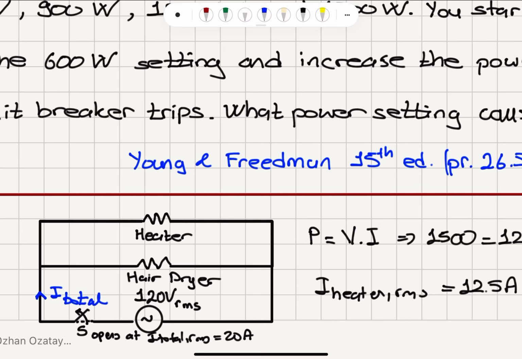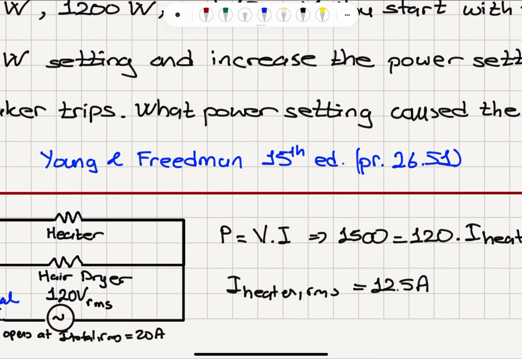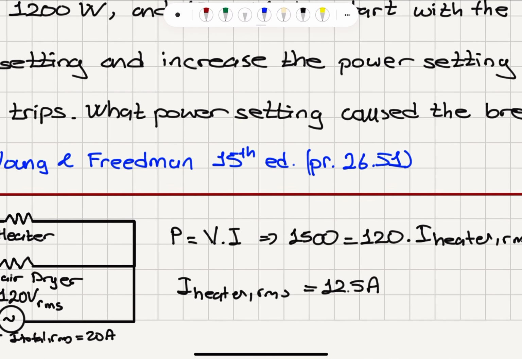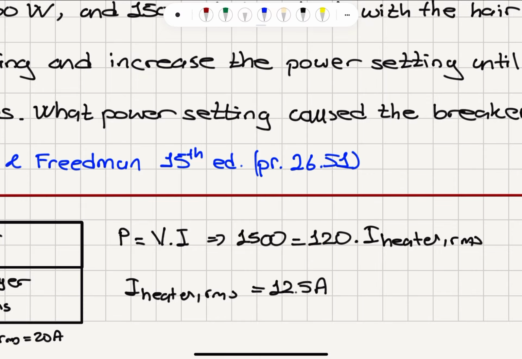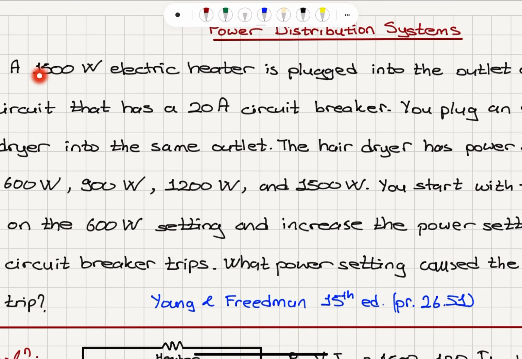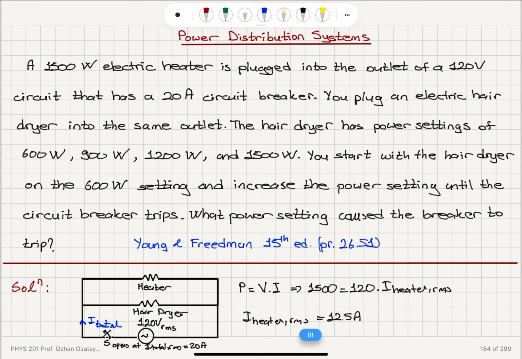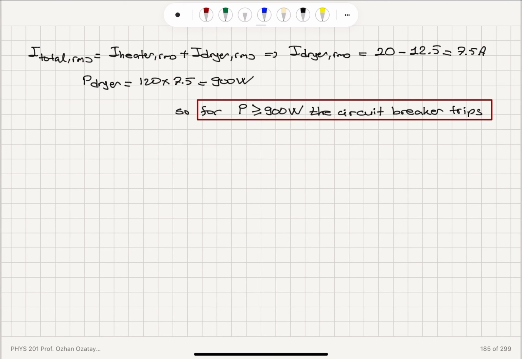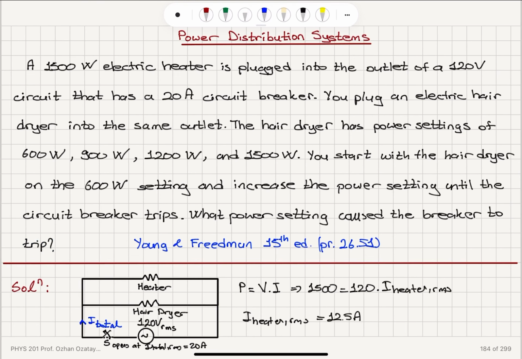The power rating of the heater is 1500 watts. So for 120 volts, it's going to draw a current of 12.5 amps. Now there is 7.5 amps left for the hair dryer because they will add up to give the total current, and that 7.5 amps with the 120 volts will imply 900 watts being consumed by the hair dryer.